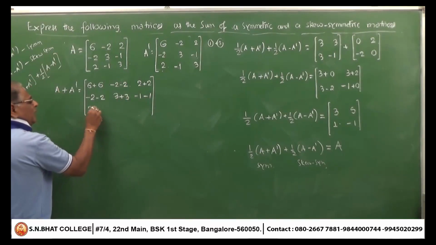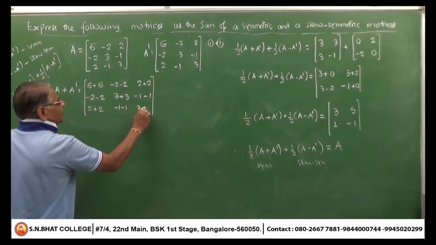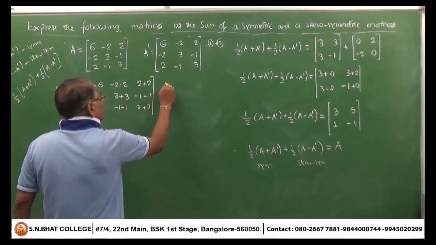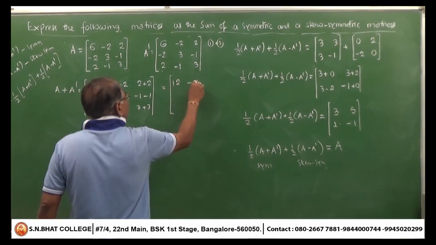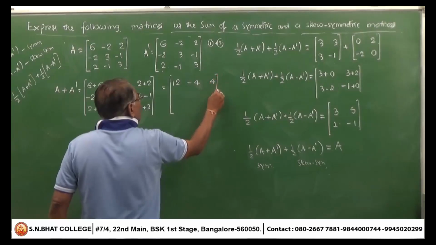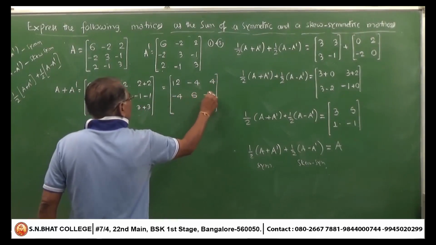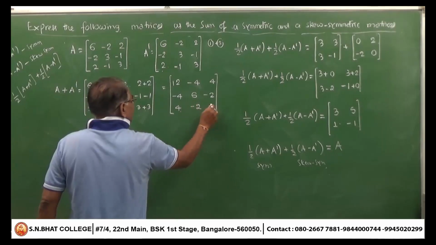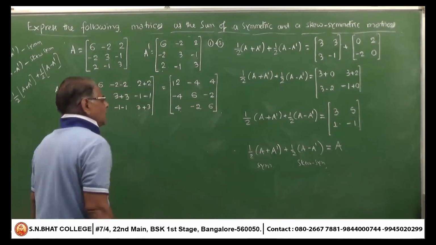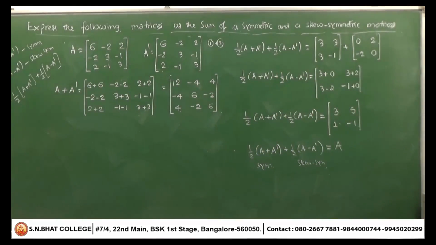Next, 2 plus 2, minus 1 minus 1, 3 plus 3, which is nothing but 12, minus 4, 4; minus 4, 6, minus 2; 4, minus 2, 6. This is A plus A transpose.